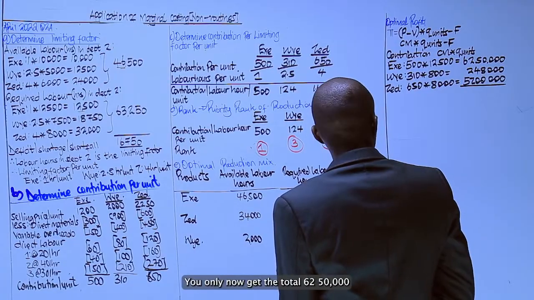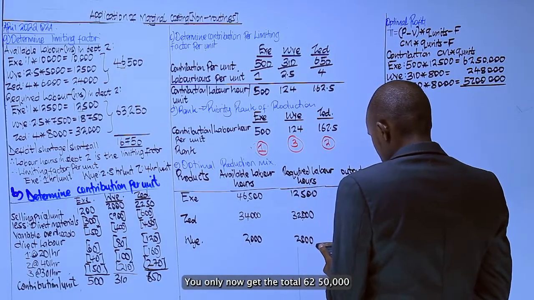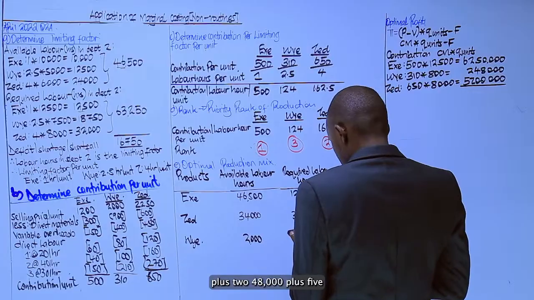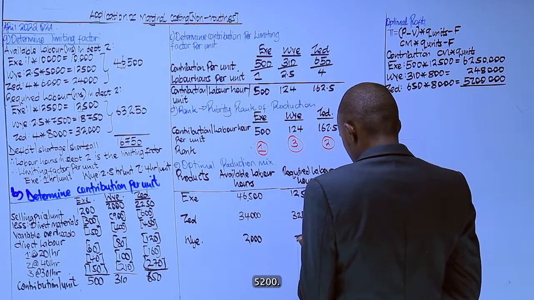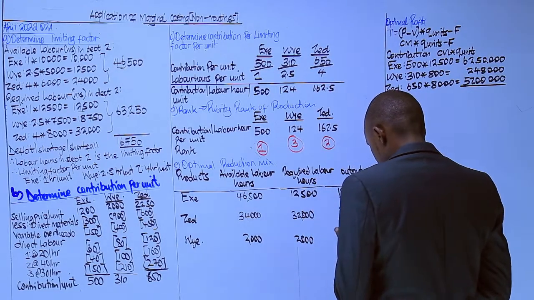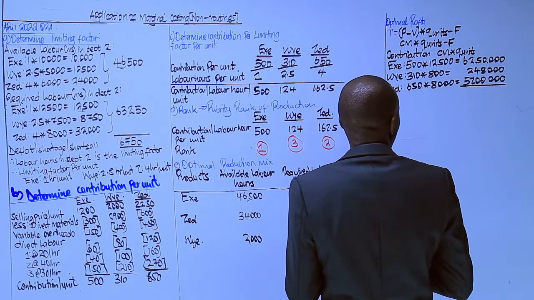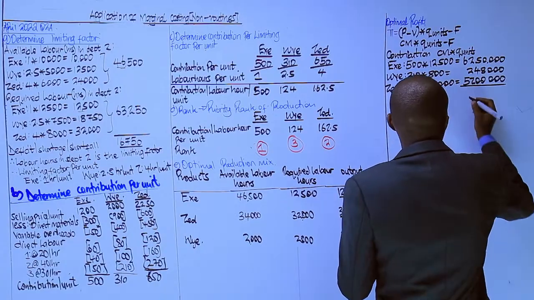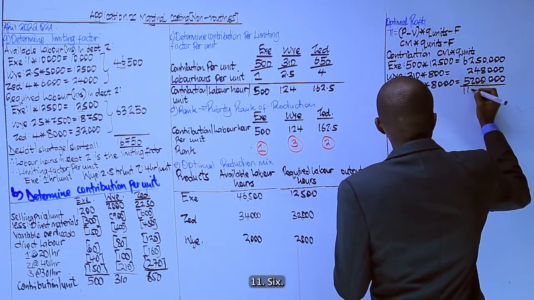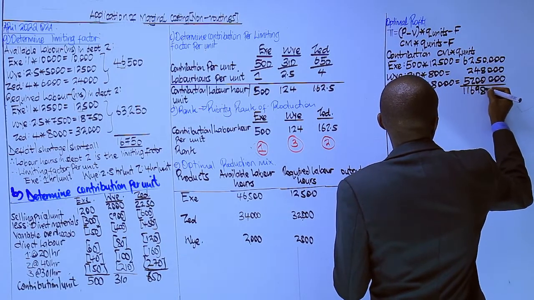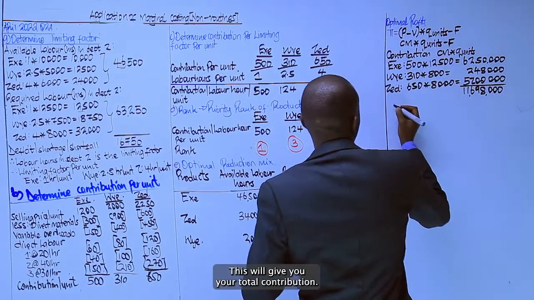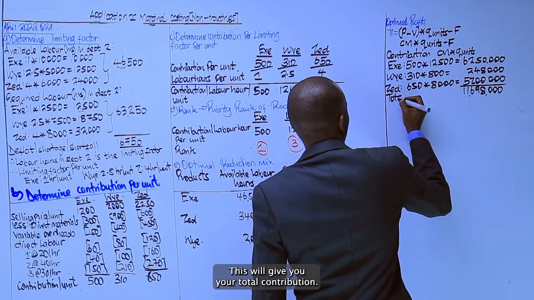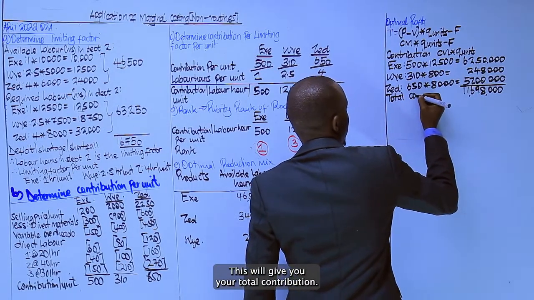You now get the total: 6,250,000 plus 248,000 plus 5,200,000, which is $11,698,000. This will give you your total contribution.